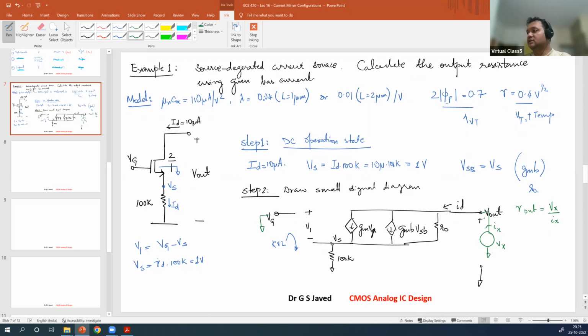To find out the current flowing through these values, either you can find out what is the voltage drop across this R out, right? Or find out what is the current flowing through here.